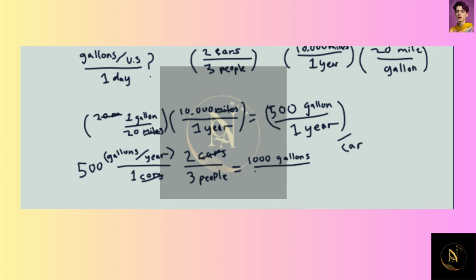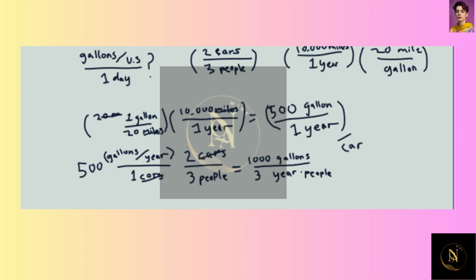This might be a little weird of a unit, but we have years per people. Okay, so this is starting to resemble all the units that we have right here. The only thing that's a little bit off is that year doesn't match up with dates, but we have the time quantity, gallons with gallons, and United States with people.